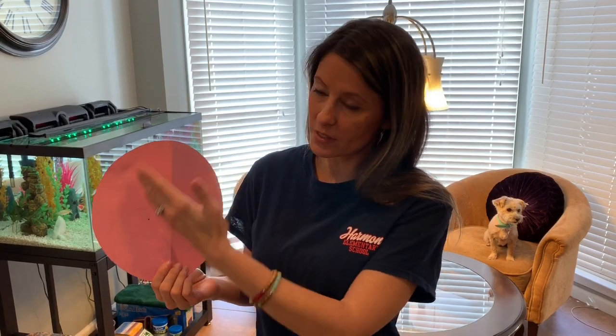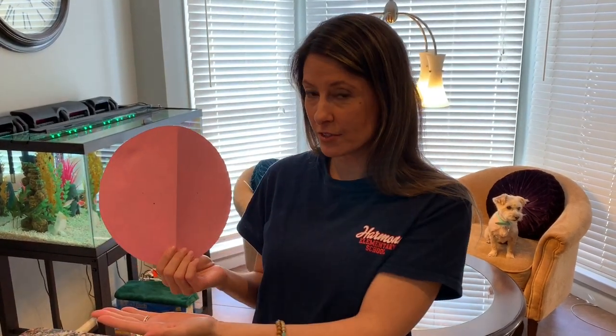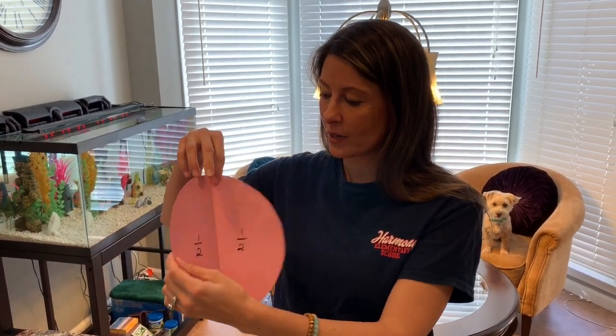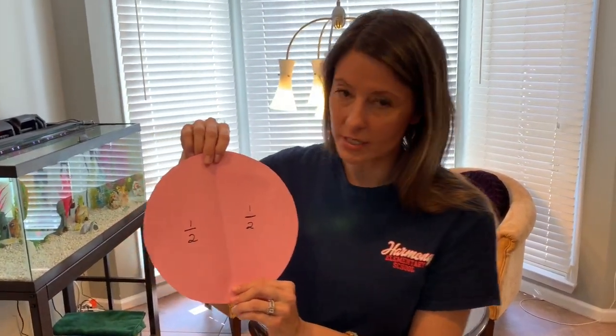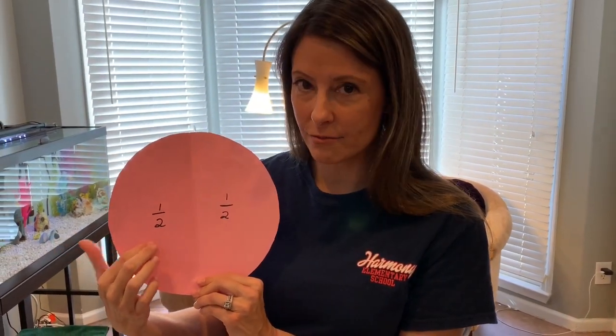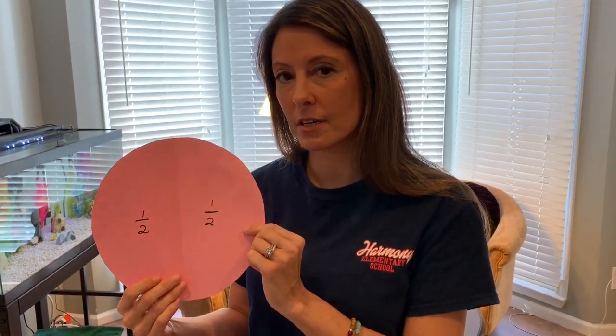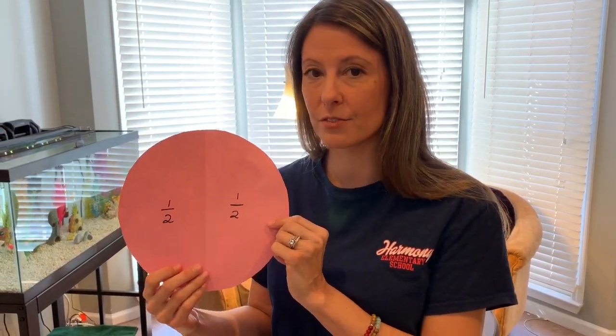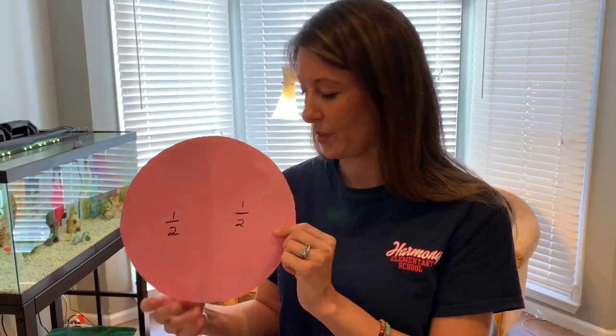So what I have on this side is half of this circle, and what I have on this side is another half of the circle. And both of these pieces are equal sizes, so we can call them fractional parts. Now, so you can see how they're written, I've labeled this side half, and this side another half. And that shows that each piece is half of the circle as a whole.